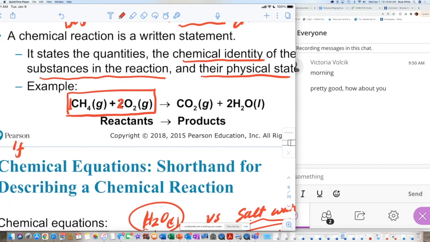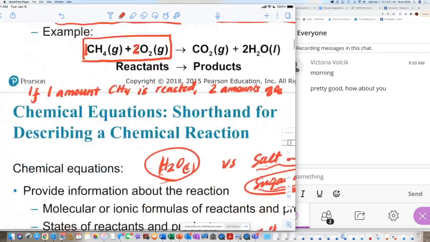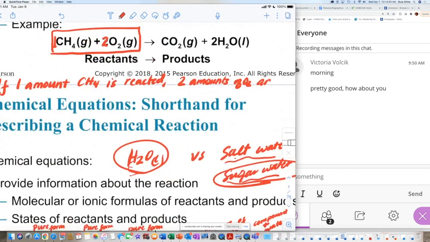This one here has a 2, so the 2 is not implied, it's actually stated clearly. So if one amount, and I'll keep it generic, one amount of CH4 is reacted, two amounts of O2 are also reacted.